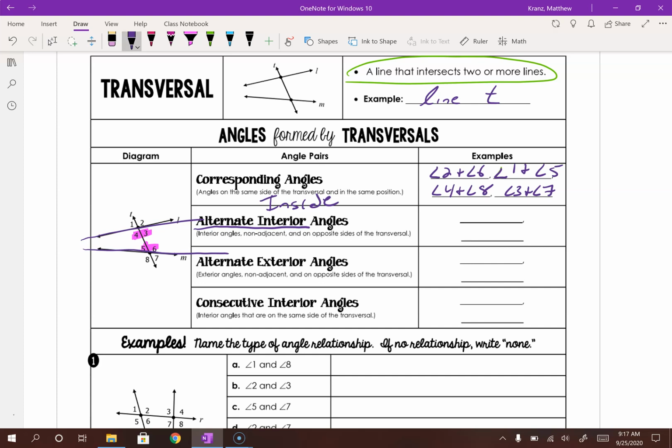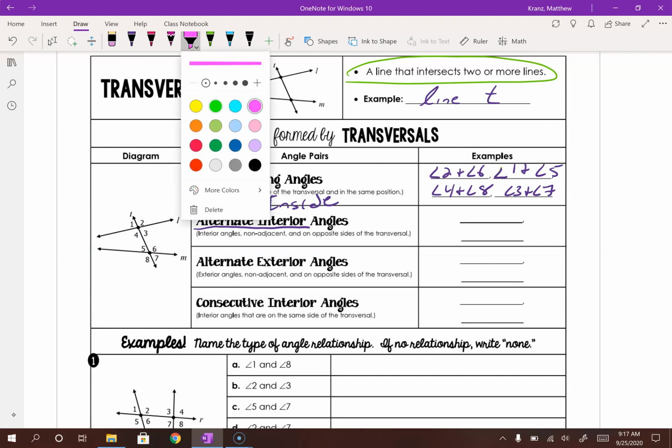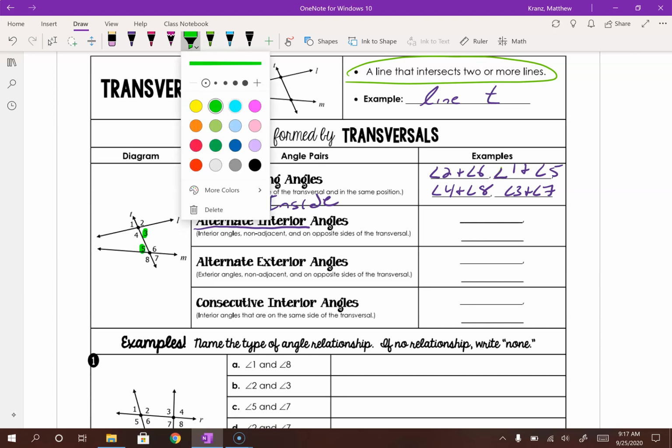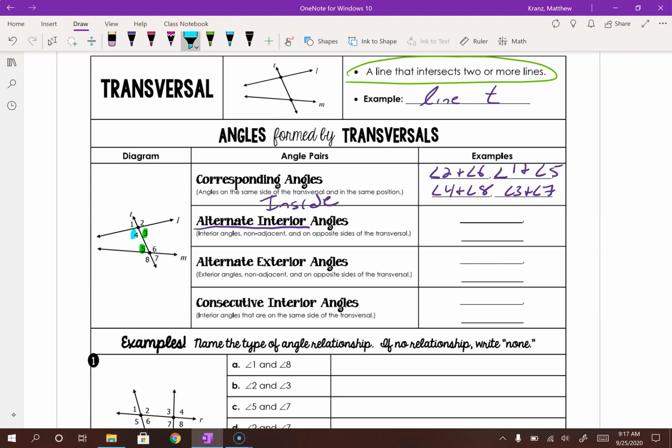And alternate means on either side, opposite sides, right? So alternate interior angles have to be angles that are inside the two lines, but on either side of the transversal. So 3 and 5 are alternate interior, and 4 and 6 are alternate interior because they're inside the 2 lines on either side of the transversal. So this will be angle 4 and angle 6, and angle 3 and angle 5.